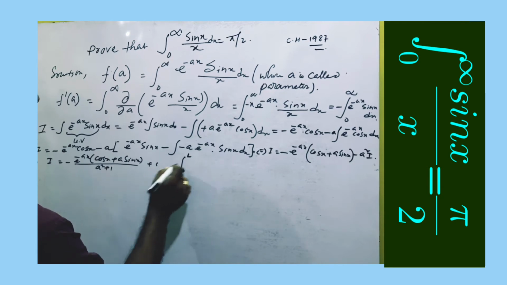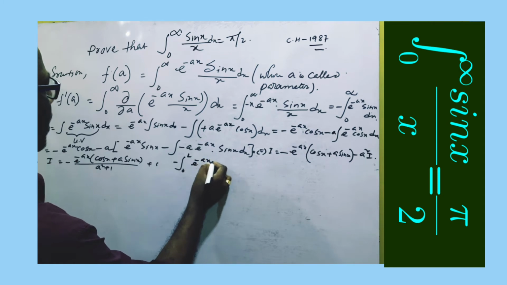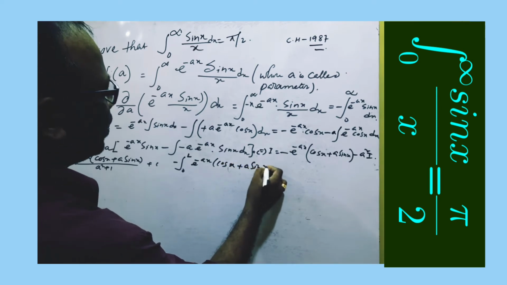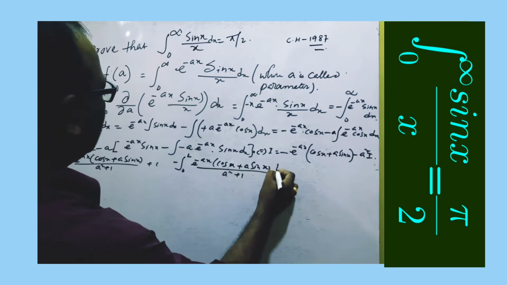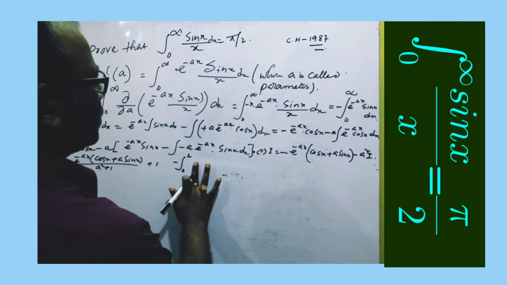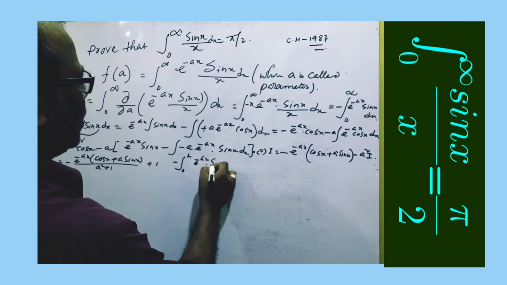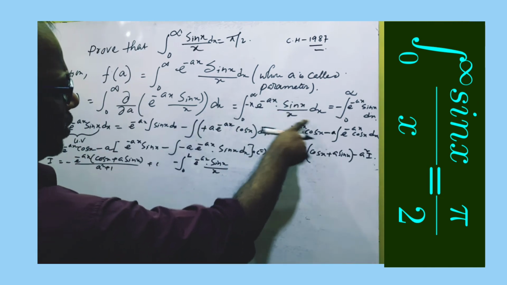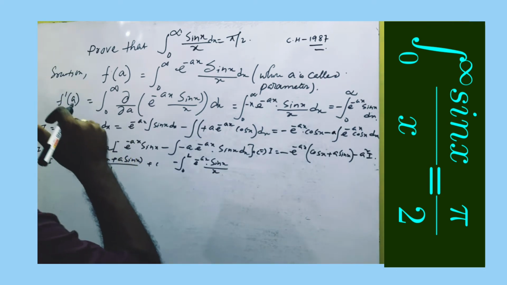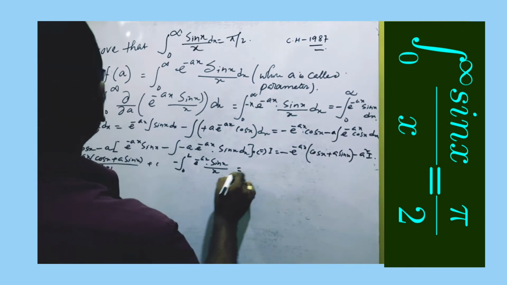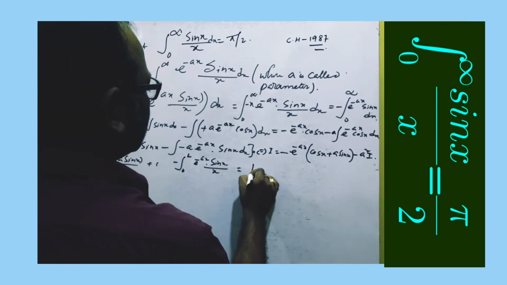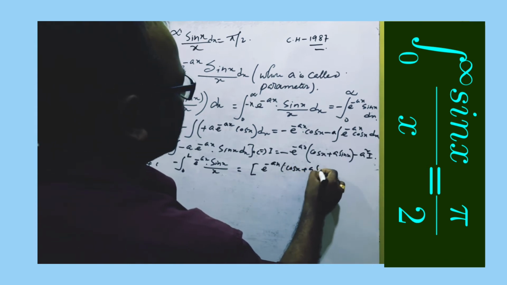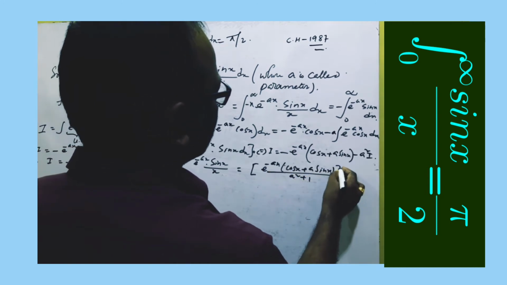Let us assume this is L. Okay, this is e to the power minus ax, and this is minus e to the power minus ax times cos x plus a sin x, whole divided by a square plus 1, and this is from 0 to L.